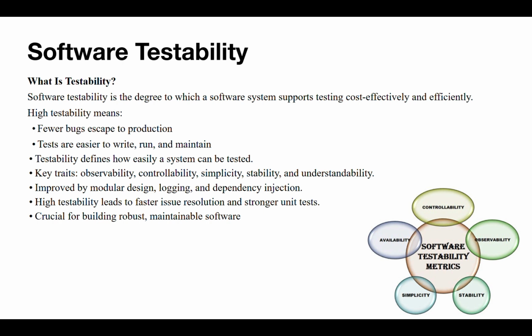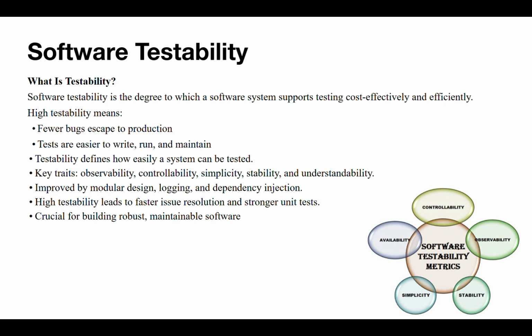Practices like dependency injection, separation of concerns, and clean architecture improve testability. Better testability leads to higher quality and faster feedback. So the better your code is, the faster your feedback will be, and the easier it is to improve and understand it.